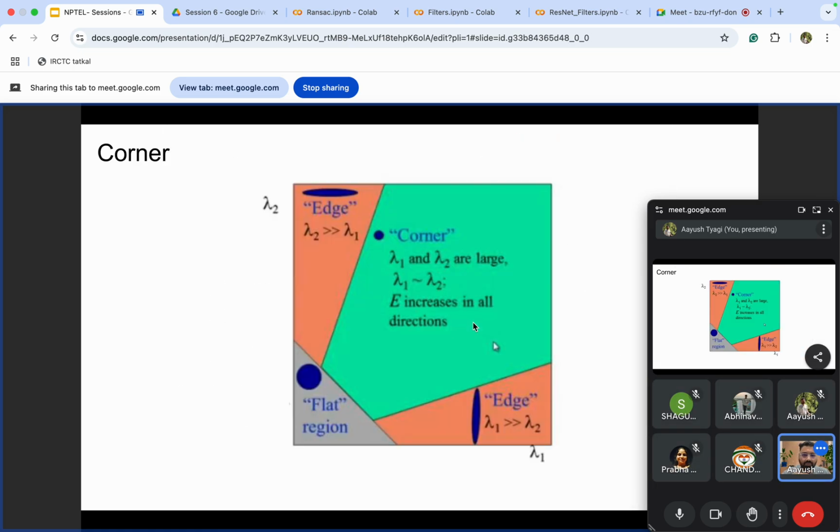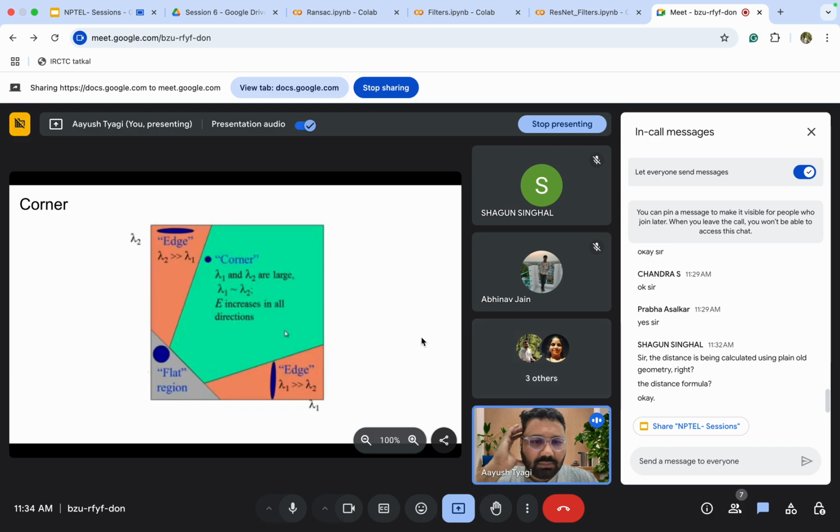The last point, I just wanted to share this image. It's very helpful for me to visualize it. If you might have studied the Harris corner detector, there are two lambdas, lambda 1 and lambda 2.